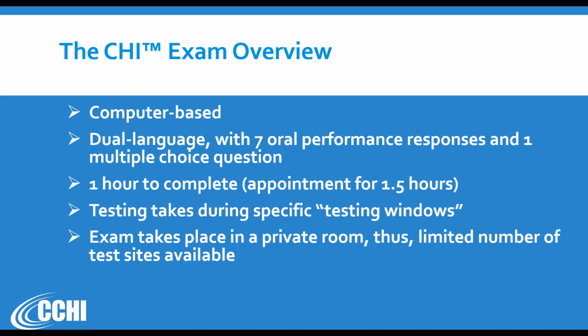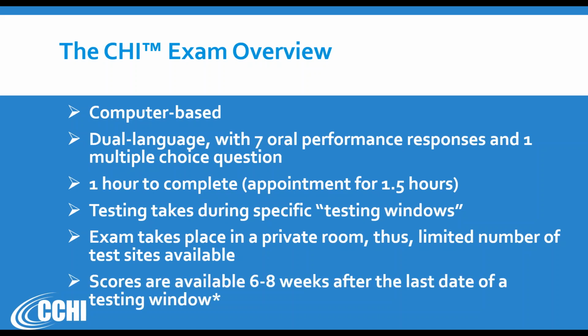The exam takes place in a private room, and therefore, testing seats are limited for each testing window, so be sure that you schedule early and have your specific date and time reserved for you. And the scores for this exam, because it is the exam that is scored by human raters, these scores are available about 6 to 8 weeks after the testing window is over.